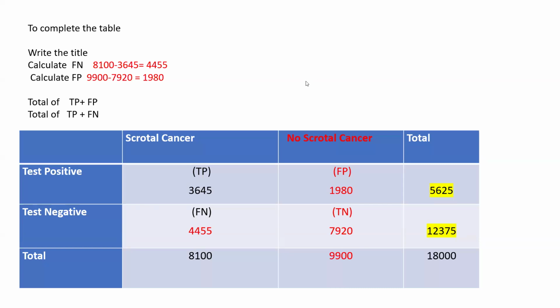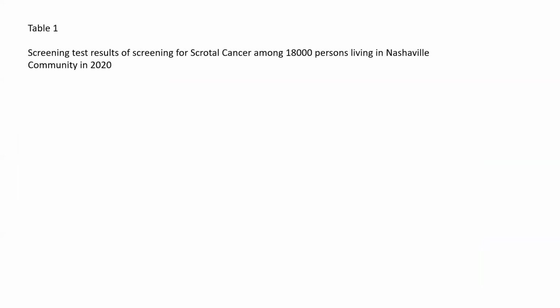So what would the title be? All right, so this is an example for a title. One, we have included what the table is showing. Two, we are saying it's the screening results, or results of screening. We are screening for scrotal cancer among 18,000 persons, and these persons live in Nashville, and the time in which the screening was done was 2020.